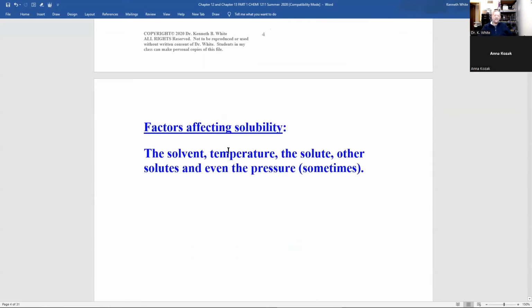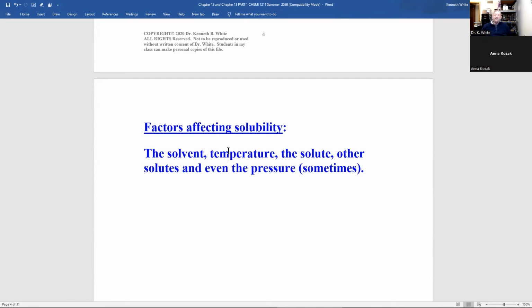Now, what affects solubility? I'm going to turn the switch off, but you should remember what solvent you're putting it in, what the temperature is, what is the solute. As you just saw, salt is less soluble in water than sugar, because they're both in the same solvent. Now, sometimes something that will affect solubility is whether there are other solutes already in that solution.